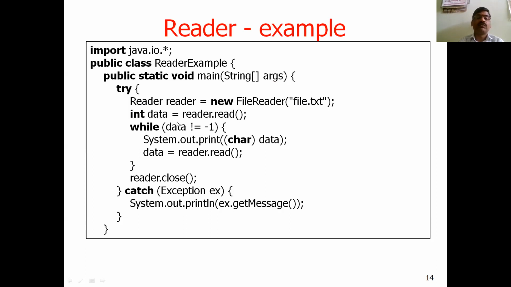While data is not equal to -1, because -1 indicates end of file, you want to print the data onto the screen. You have to print the data in the form of a character, so we have to typecast this data, which is of int type, into char type. Then you display the data in the form of a character onto the screen.